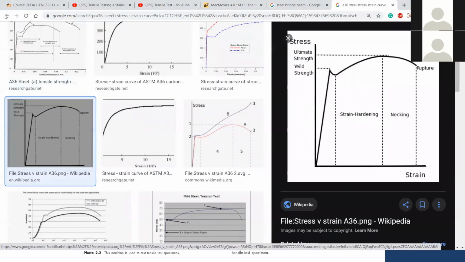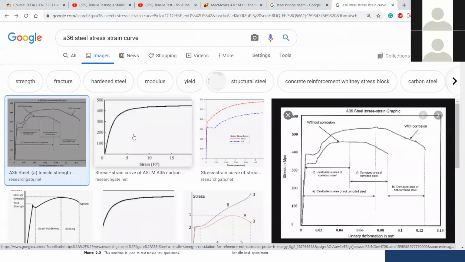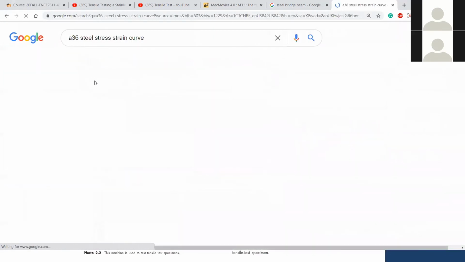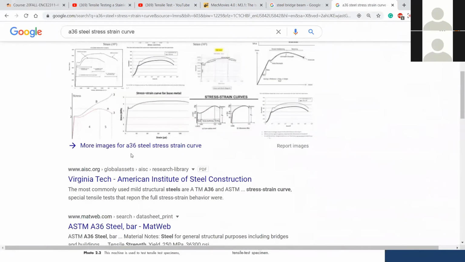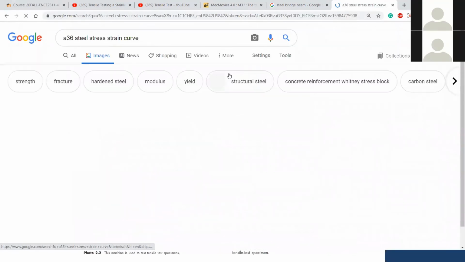Okay, put up the A36. I think it's with numbers.